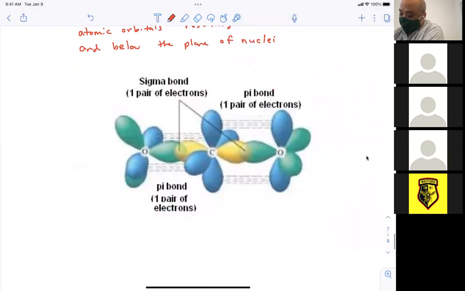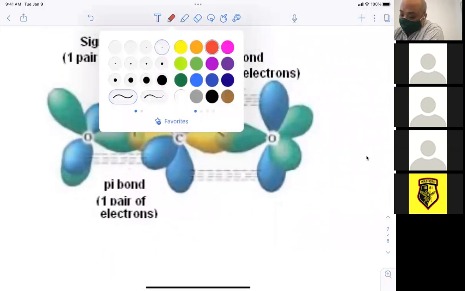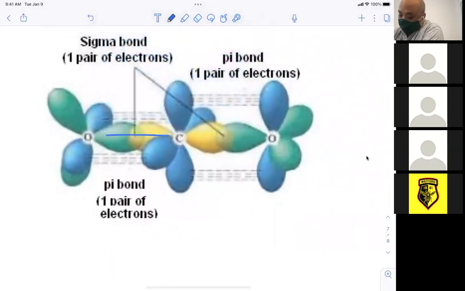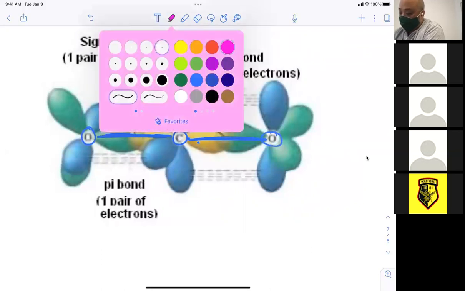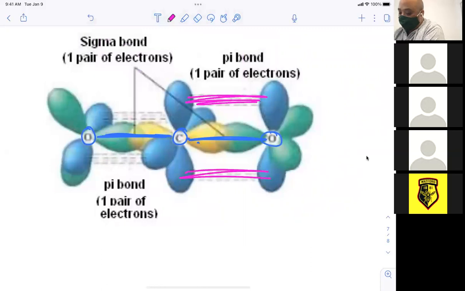So this sigma bond right here, that's what they define by head-on overlap between two nuclei. So the nuclei is here, nuclei is here. The most direct linkage is a sigma bond between the two atoms. But because that space is already occupied in both of these atoms, when you need a second bond, it happens above and below, or in this case, side to side here.